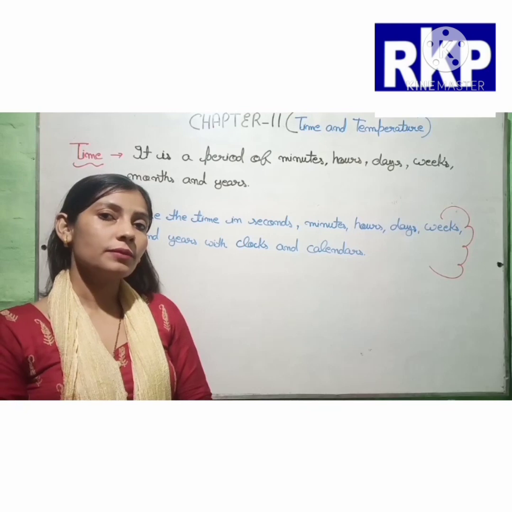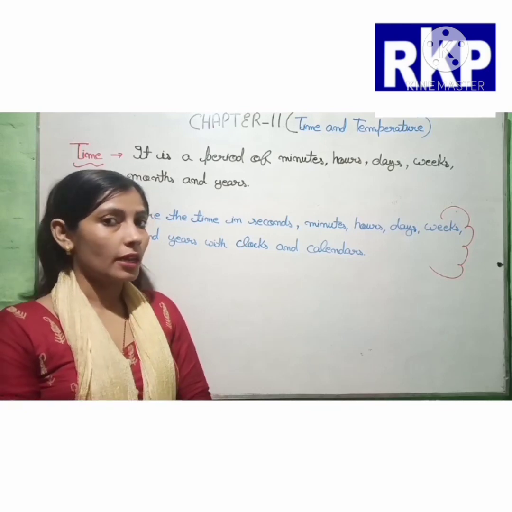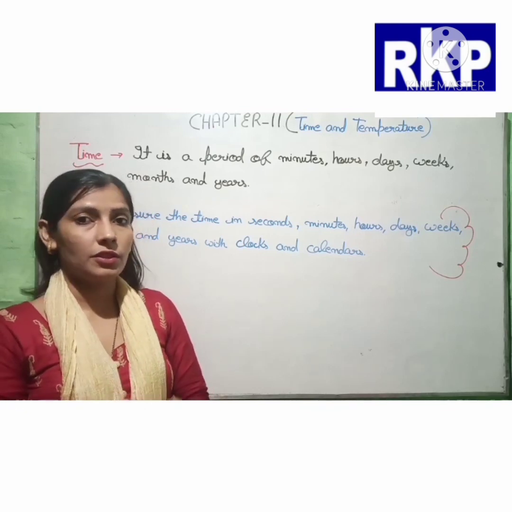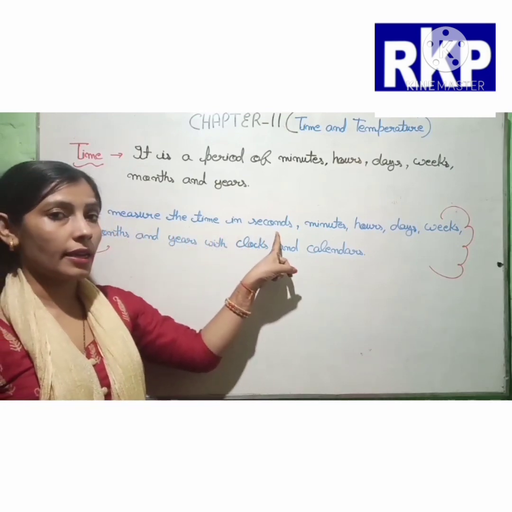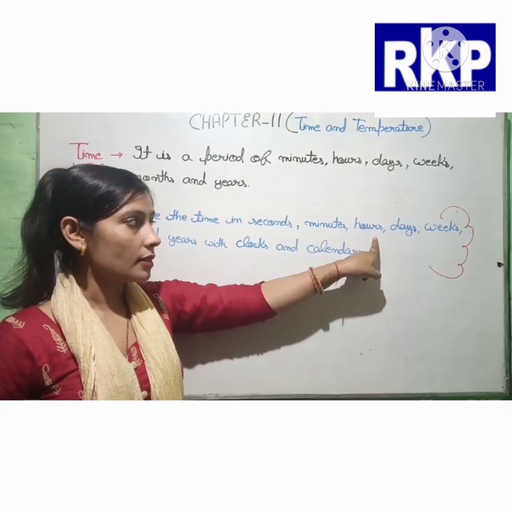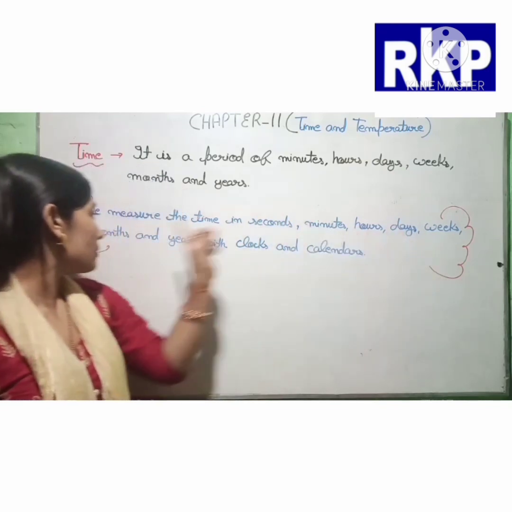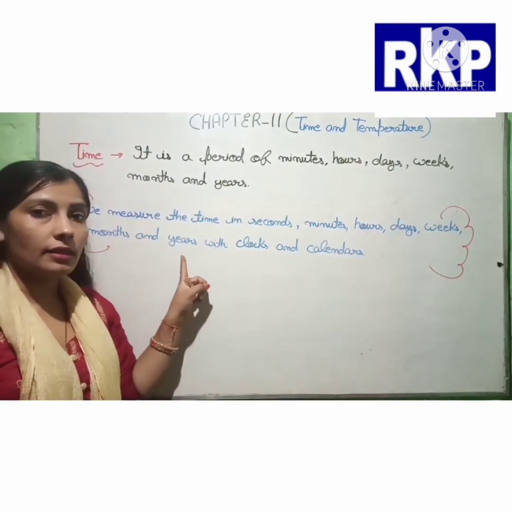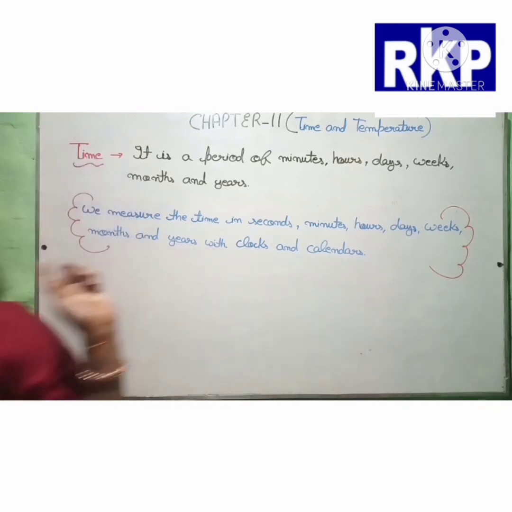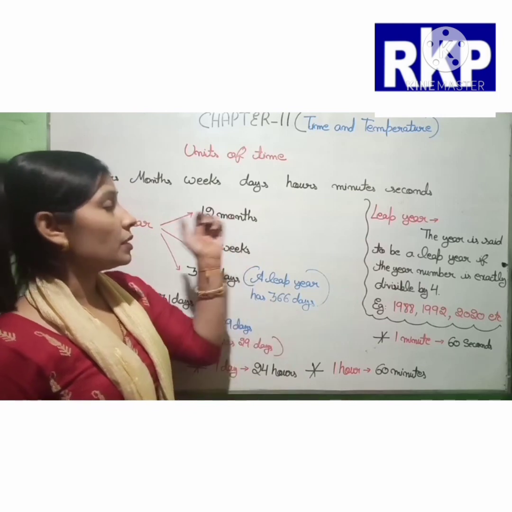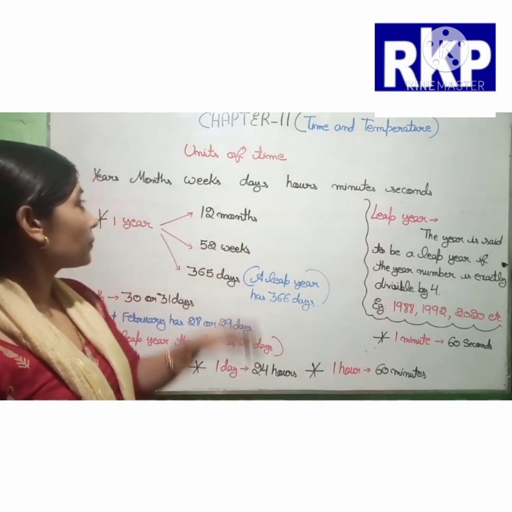Okay. And students, in 4th class also, you have done this chapter. We measure the time in seconds, minutes, hours, days, weeks, months and years with clocks and calendars. Let us see which are the units of time.